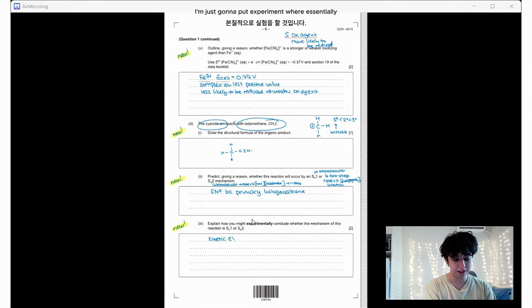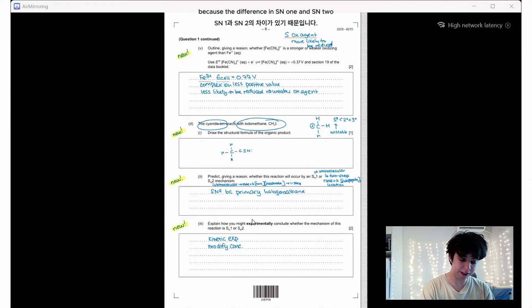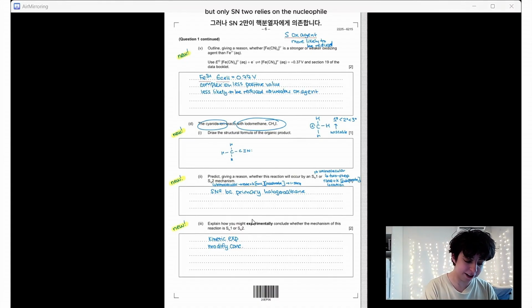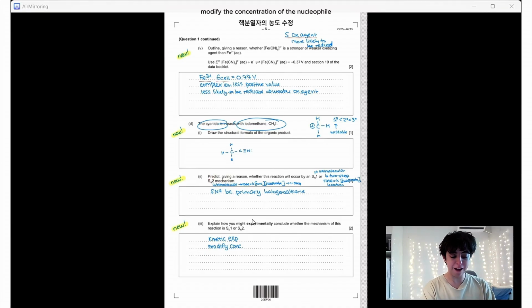I'm just going to put experiment, where essentially you modify the concentration of the nucleophile, because the difference between SN1 and SN2 is that both of them rely on the concentration of the substrate in the rate law, but only SN2 relies on the nucleophile. So you would modify the concentration of the nucleophile and see its effect on the rate.